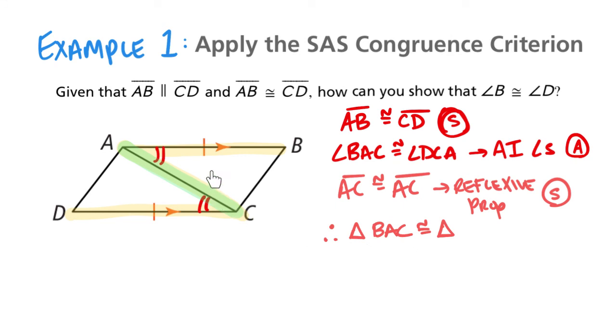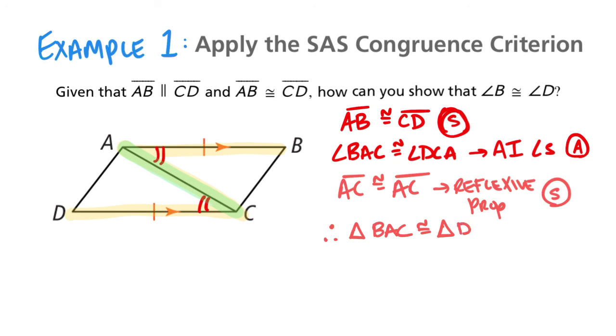And if I look at that, I might realize that BAC starts at one end of segment AB, goes to the other end, and then goes down the other side of the triangle. So what end of this segment corresponds to point B? And I would realize that that's point D. So that would be the first letter in this triangle's name.